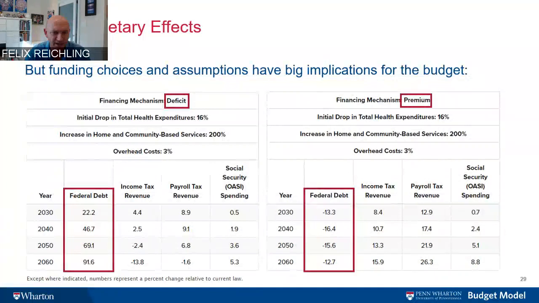And after a while, you see the macroeconomic effects kick in. With lower debt comes more capital. With higher capital comes higher wages, and higher wages means that people will work more than under the baseline. And so these are two polar opposites.